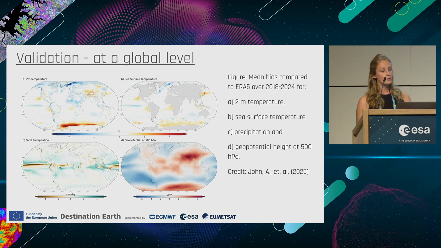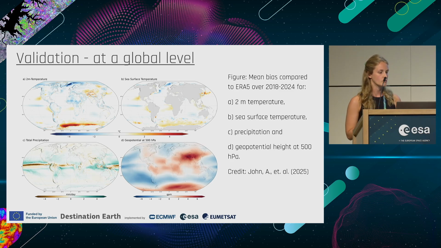And overall, we get very good mean bias, usually around 0. We can see in some cases we're getting larger biases. For example, the sea surface temperature, we've got larger biases in the Southern Ocean or in the equatorial Pacific, which is to be expected because these are regions where you've got strong ocean currents and very complex ocean dynamics. And the ocean models that we have actually are able to produce their own ocean eddies.